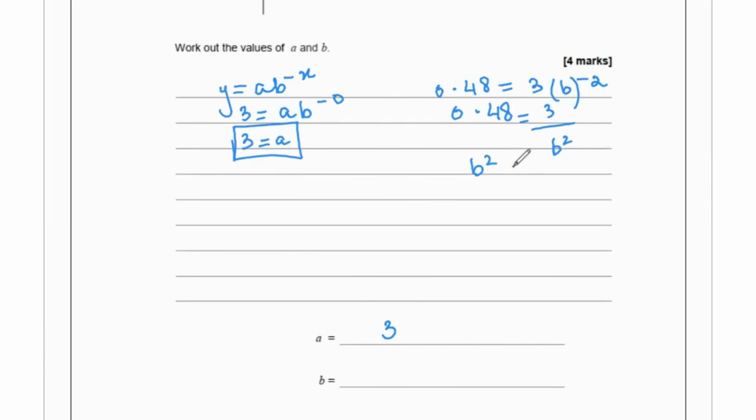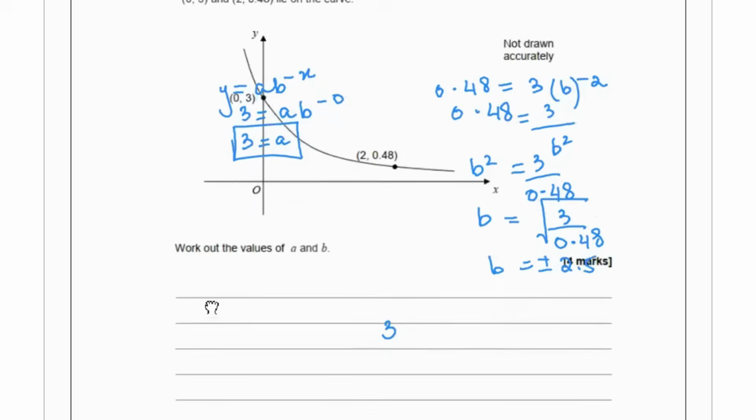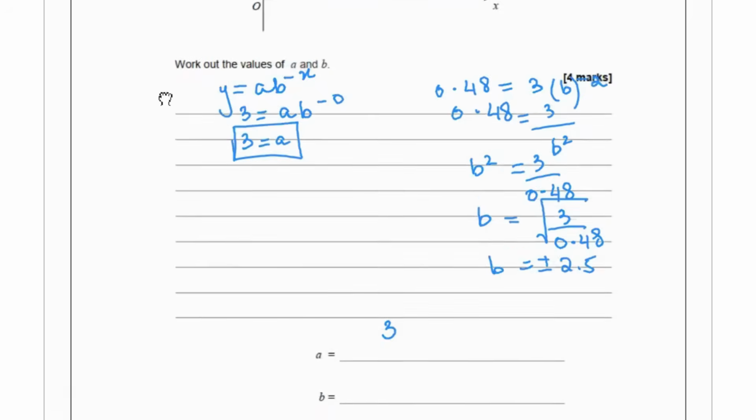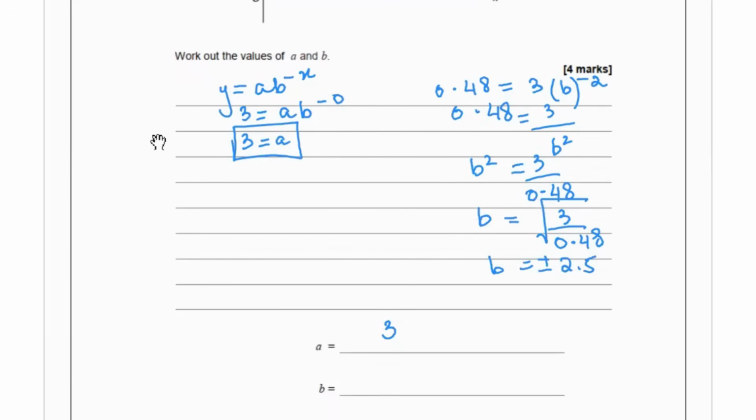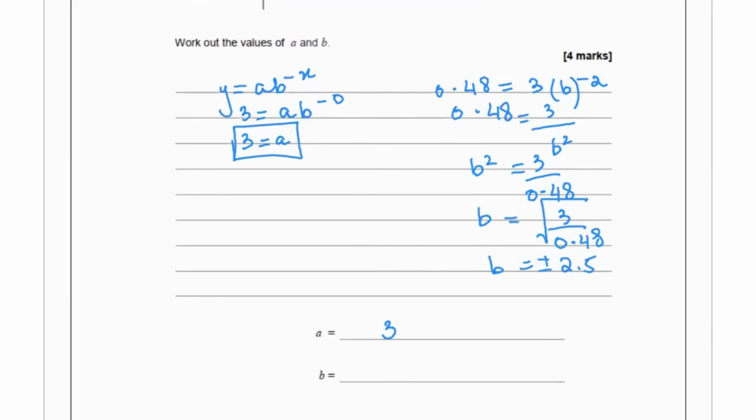Cross multiply and bring 0.48 to the denominator over here. This way b squared is the subject. So b is the root of 3 over 0.48. That gives b as plus or minus 2.5. But I think the question said that they're positive, yeah. So which means your b value is going to be positive 2.5, not negative. So that's 2.5.